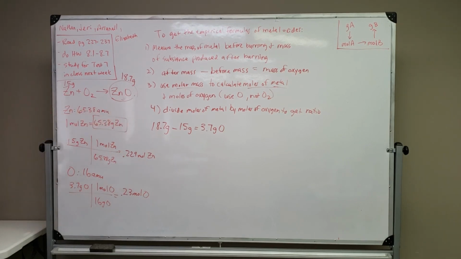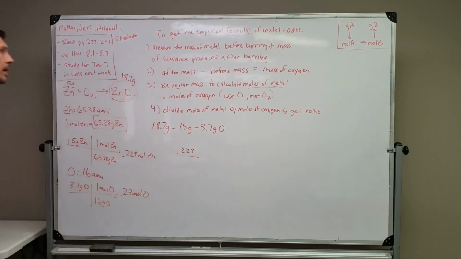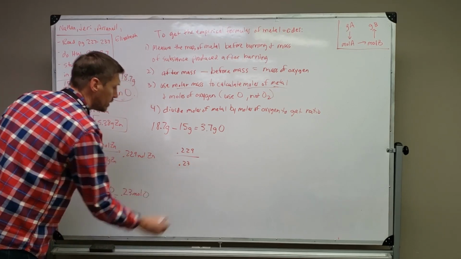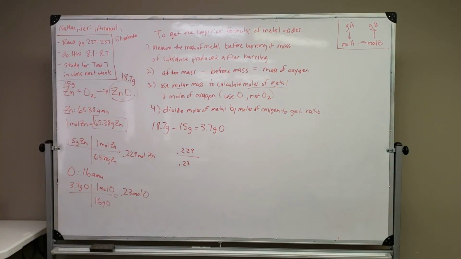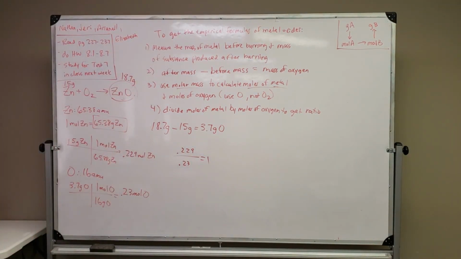Divide the moles of the metal, 0.229, divided by the moles of oxygen, which is 0.23, to give us our ratio. And our ratio here is 1. In other words, for every 1 metal atom that we have 1 oxygen atom.